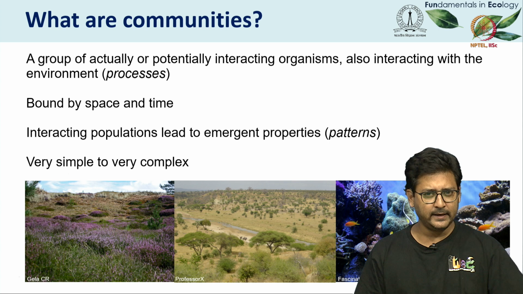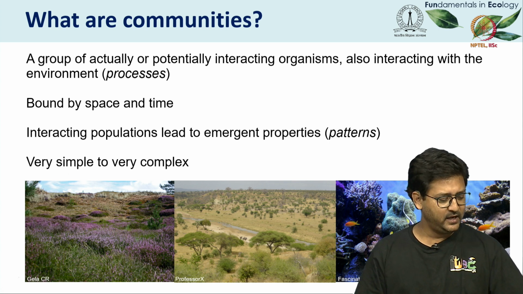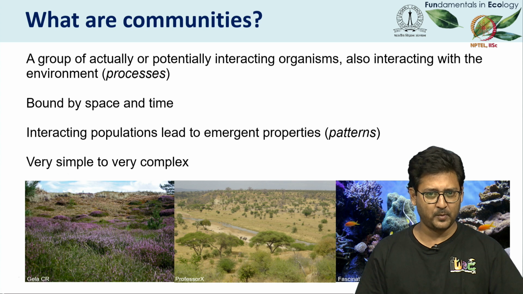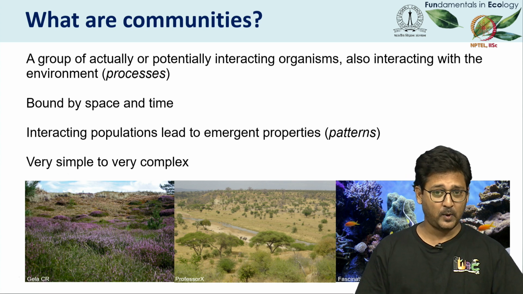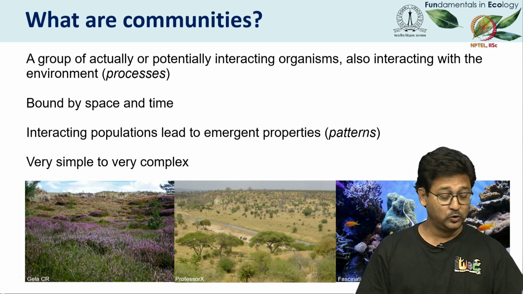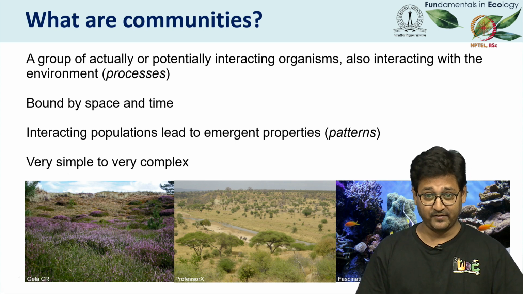What is slightly less obvious is that even within the rainforest, the set of populations that co-occur today versus the set of populations that can co-occur 100 years from today can be very different from each other.